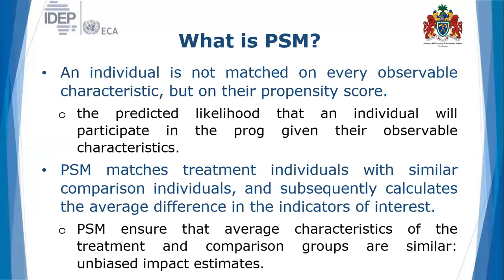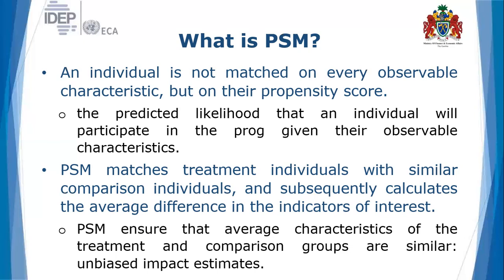So PSM ensures that the average characteristics of the treatment and comparison groups are similar so that we can get unbiased impact estimates. In other words, propensity score matching helps evaluators to compare individuals from the treatment group that are similar in characteristics with the individuals in the control group.